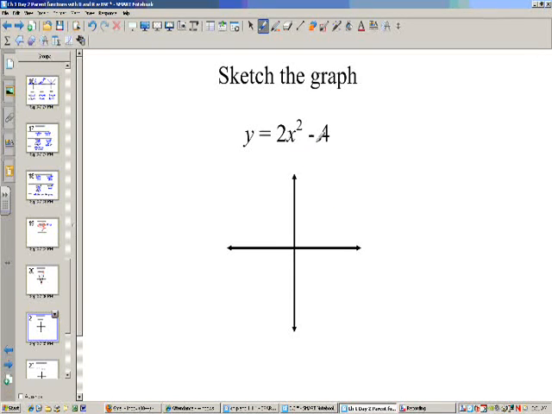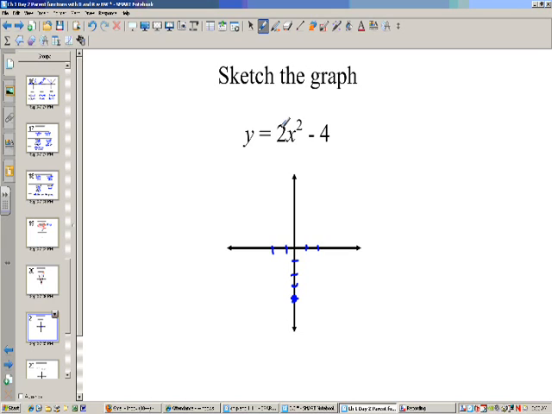Now, this is similar, but now we're doing it with the x squared function. If I go down 4, 1, 2, 3, 4. Now the x squared function behaves a little bit differently. If I move 1 to the right in an x squared function, I move up 1. But if I move 2 to the right, I'm going up 4. If I move 3 to the right, I'm going up 9 because I'm squaring it.